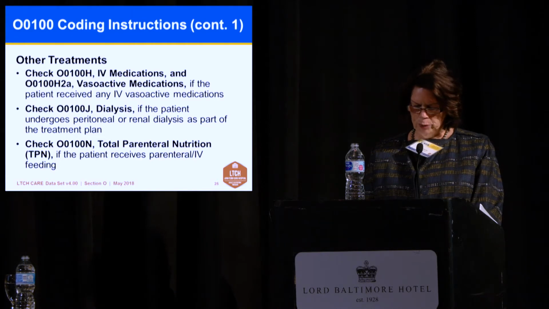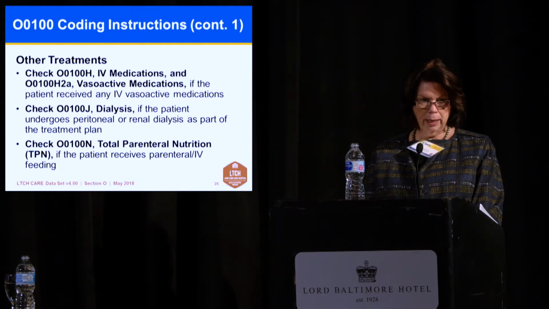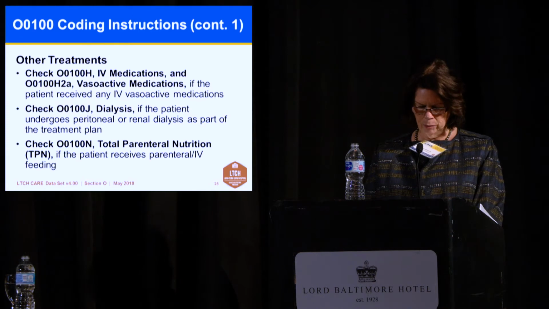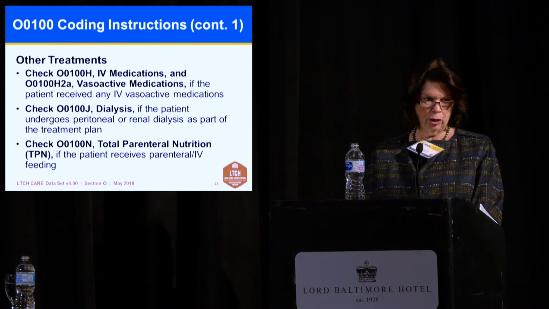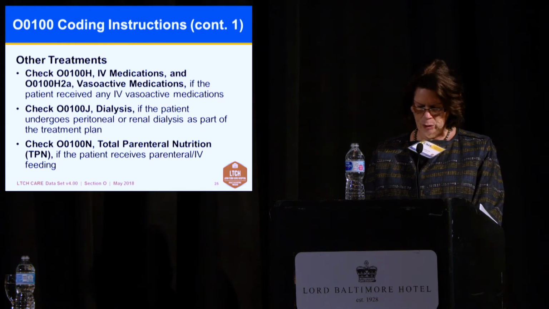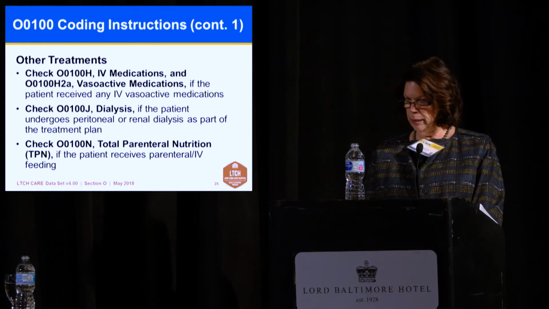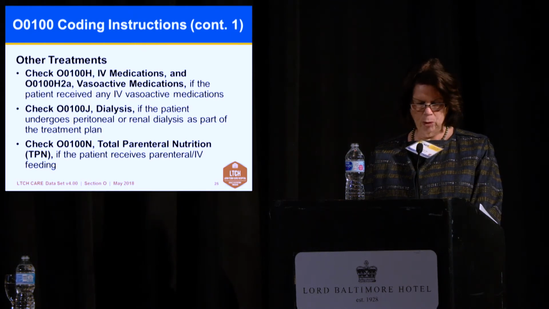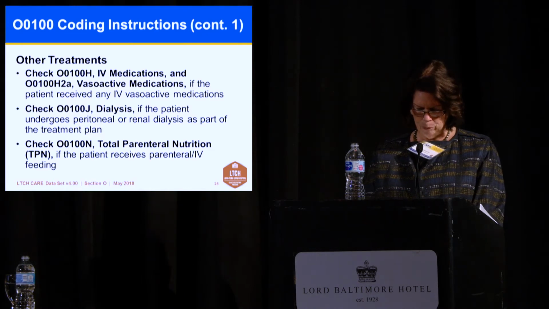Moving on to dialysis. Dialysis in this instance refers to treatments of hemofiltration, intermittent or continuous, slow continuous ultrafiltration, better known as SCUF, hemodialysis, and continuous ambulatory peritoneal dialysis. This item may be checked if the patient performs his or her own dialysis.